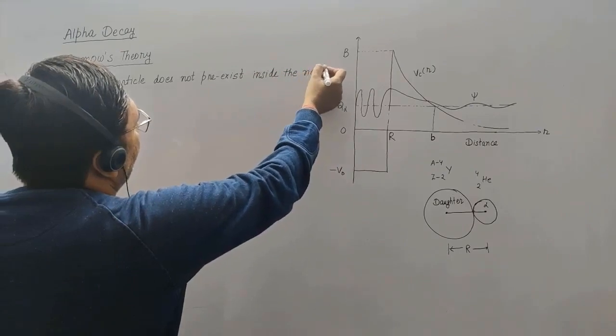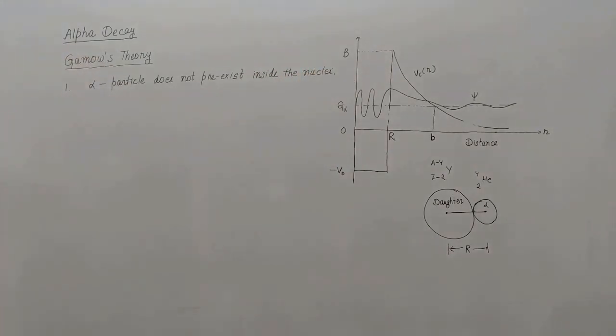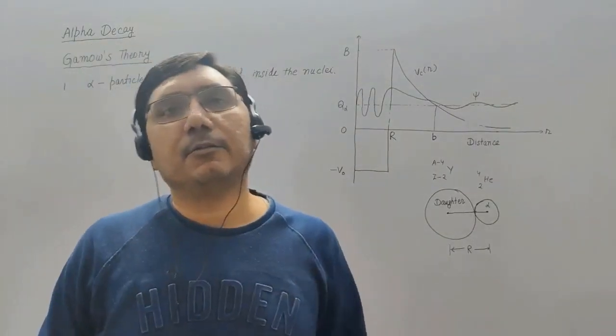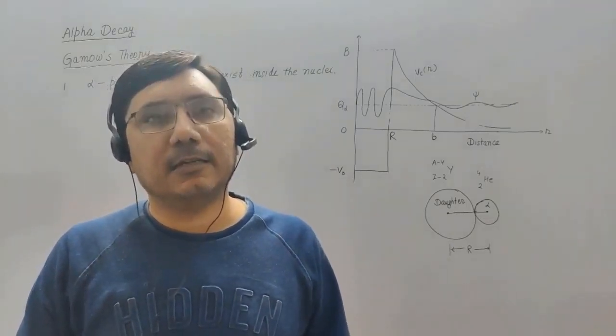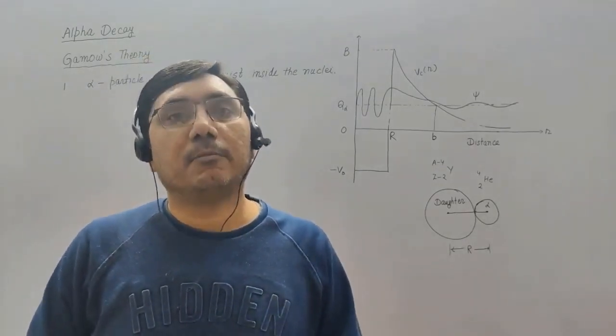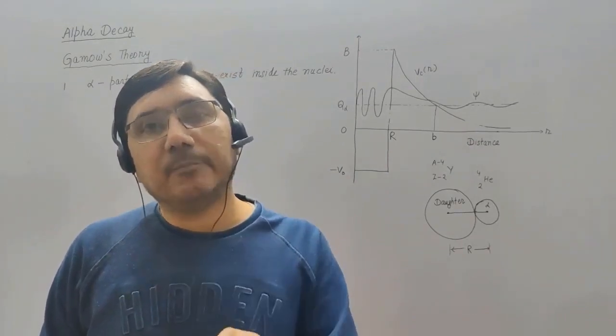This was one of the most important postulates assumed by Gamow. Basically he was saying the alpha particle emitted by the nuclei doesn't exist inside the nuclei. Rather, it is formed at the time of emission.